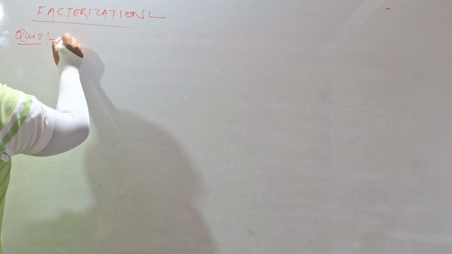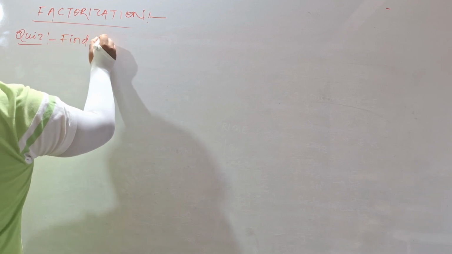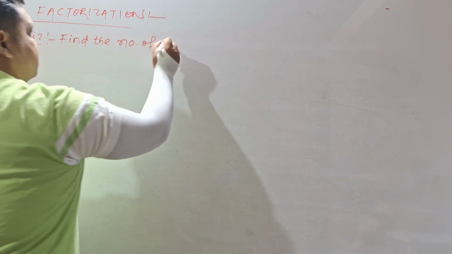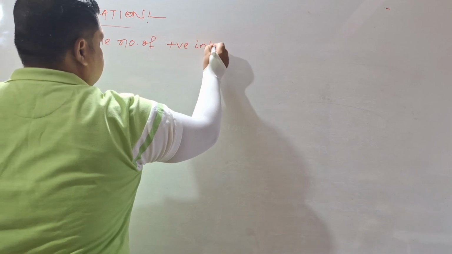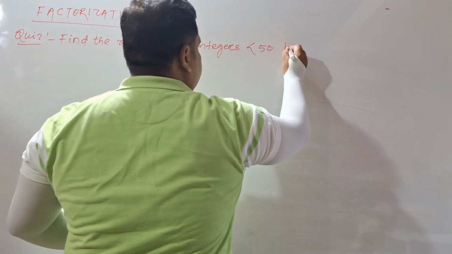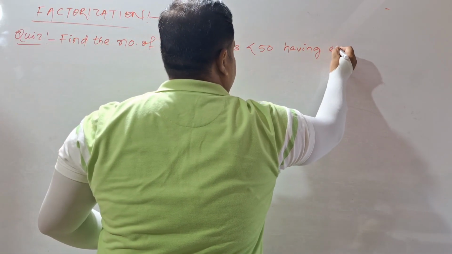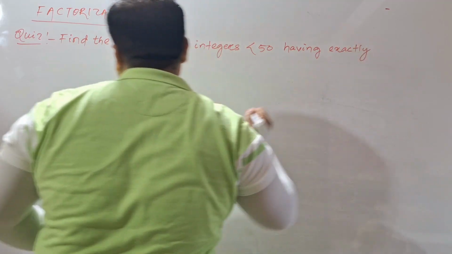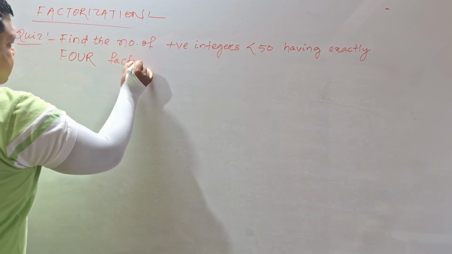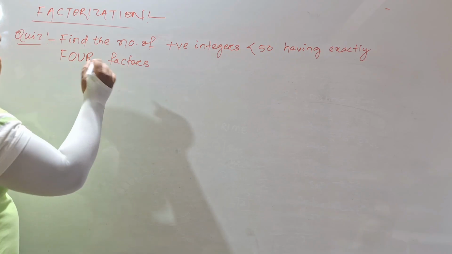Okay, look at the next question, and this is a PYQ. Find the number of positive integers less than 50 which have exactly 4 factors, including 1 and the number.